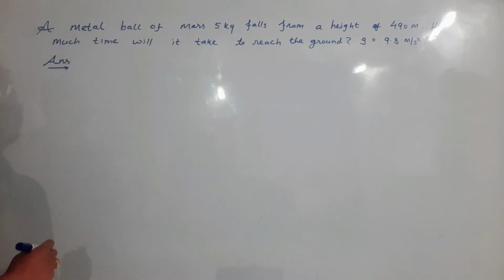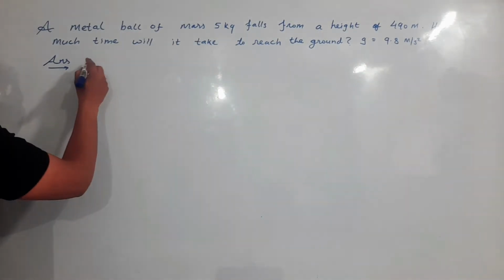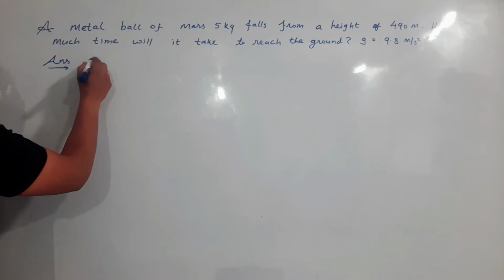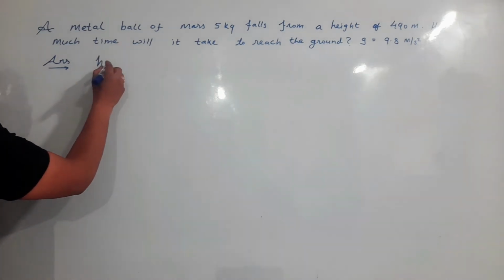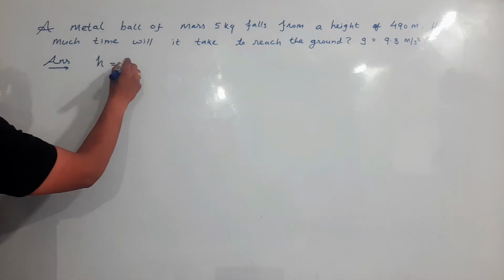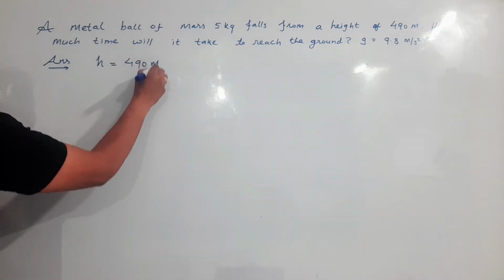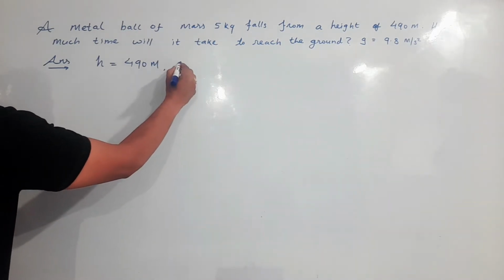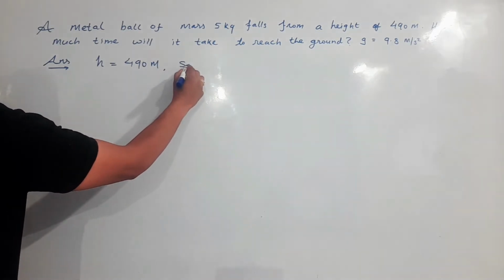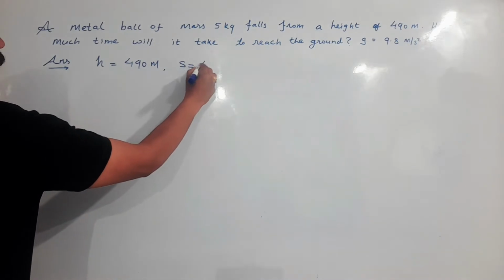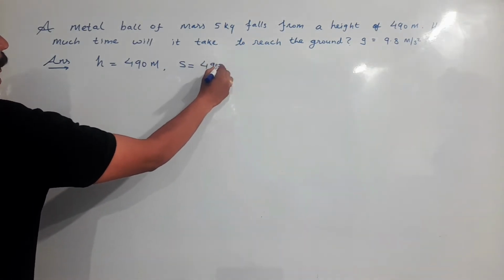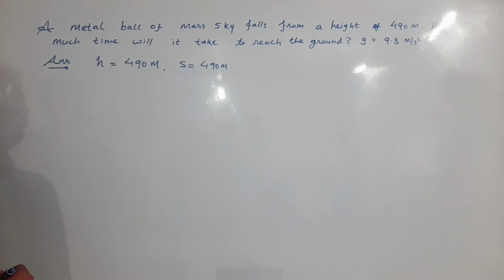My dear student, here height is given, h is equal to 490 meter, which is equal to displacement of the body, that is s is equal to 490 meter.